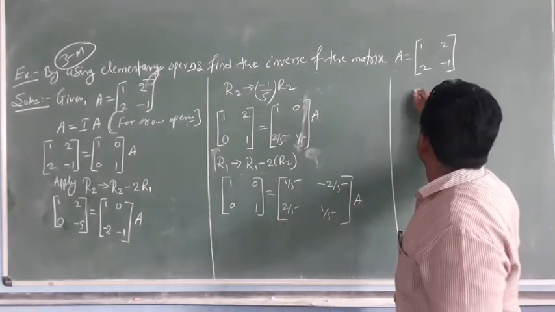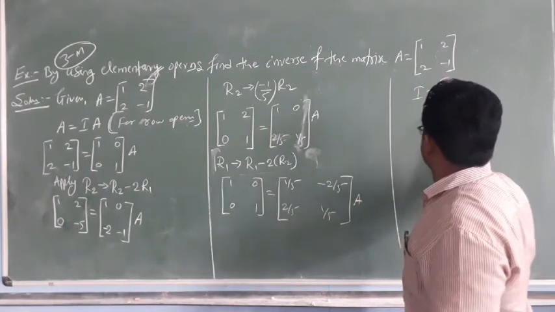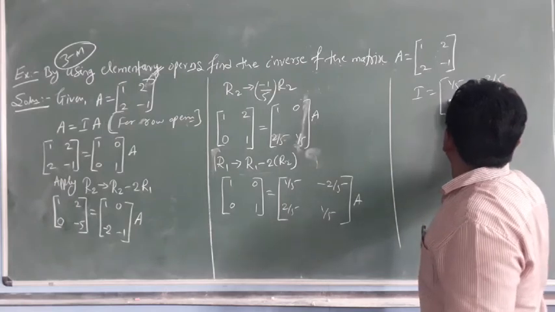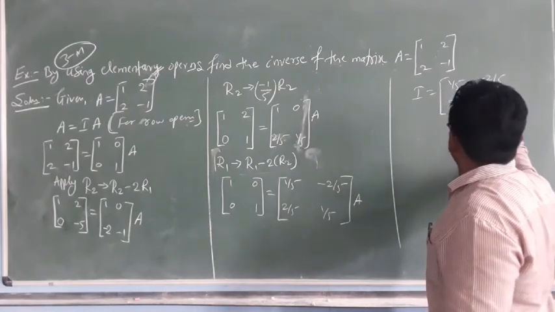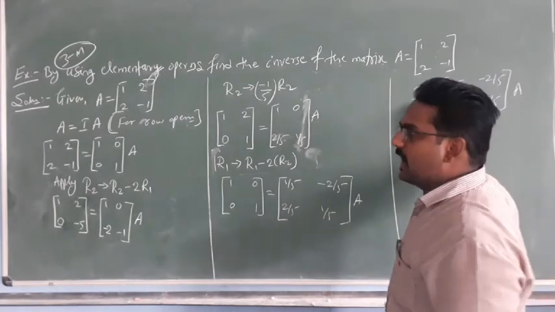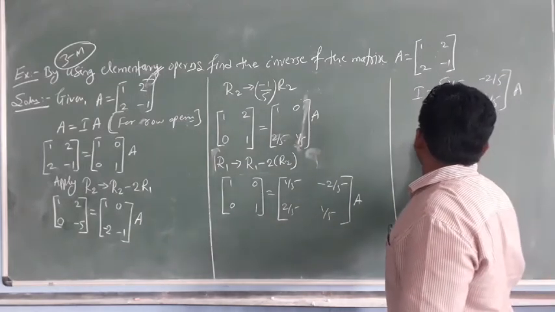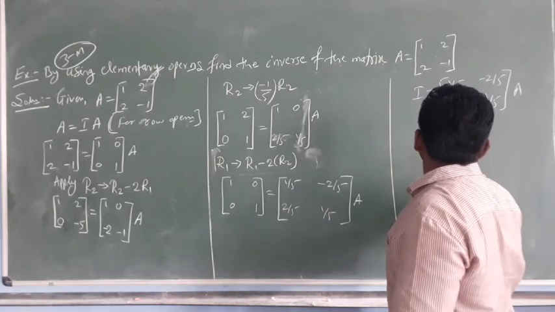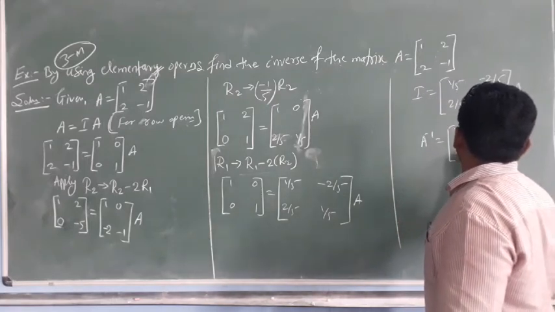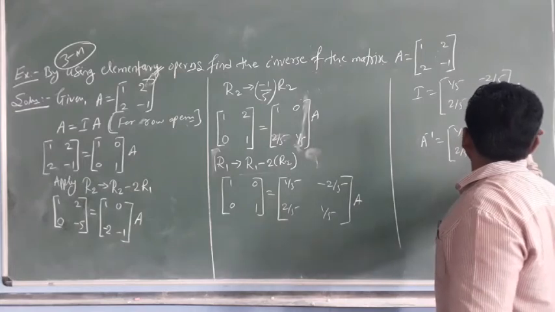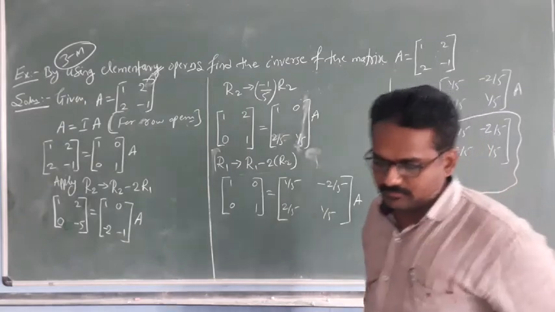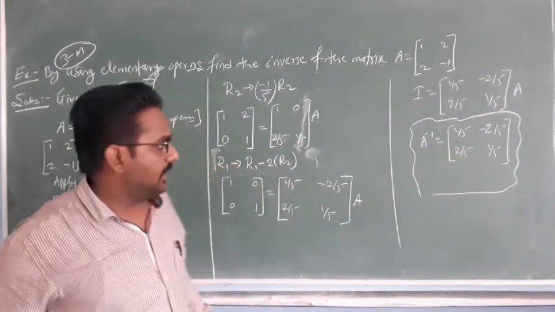So you have to write I equals 1 by 5, minus 2 by 5, plus 2 by 5, 1 by 5 into A. If you transfer this side, I into A inverse, it becomes A inverse equals 1 by 5, minus 2 by 5, plus 2 by 5, plus 1 by 5. This is the inverse of the matrix A.